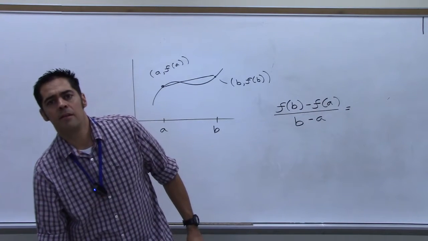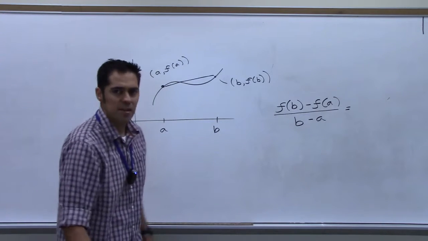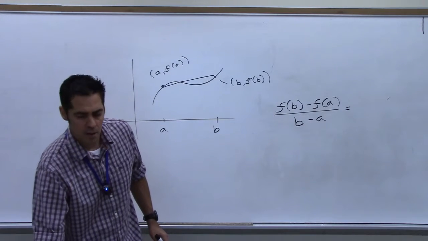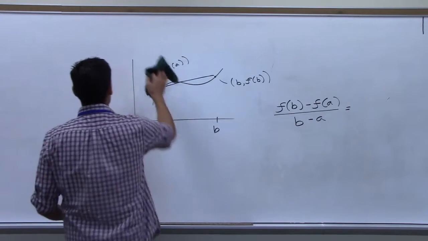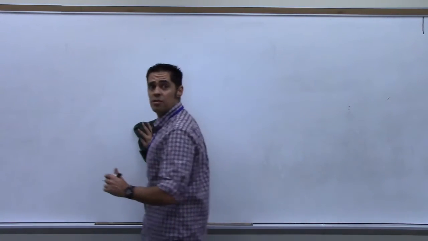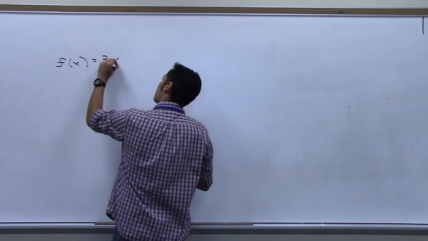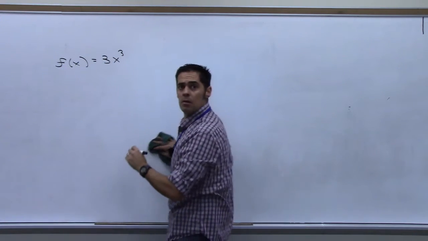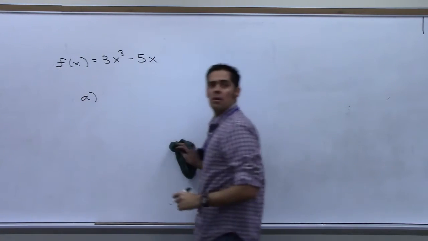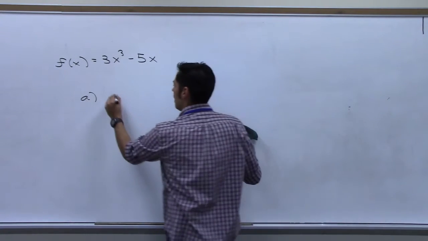So we can look at a function here, and for this example, what we're trying to do is just get some of this notation down. Let me blow this up so you can see it a little better. We have a function, f of x equals 3x cubed. Find the average rate of change from 0 to 3.